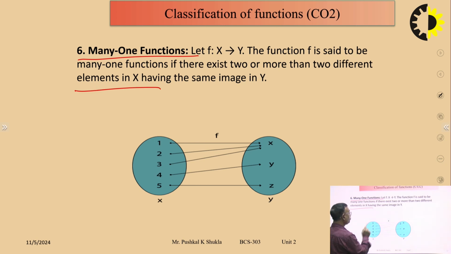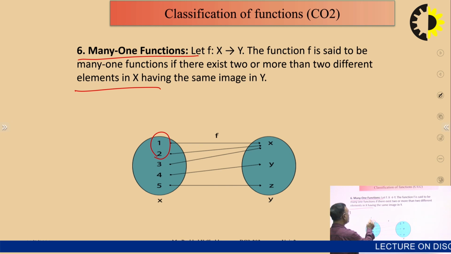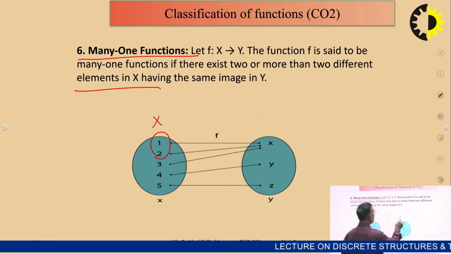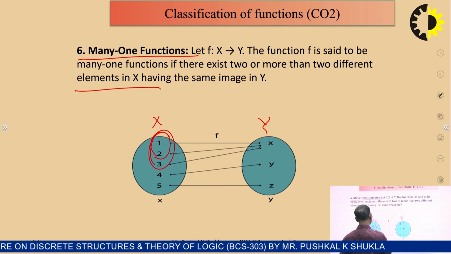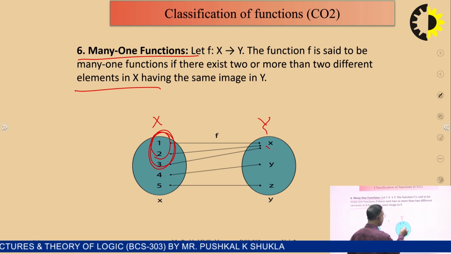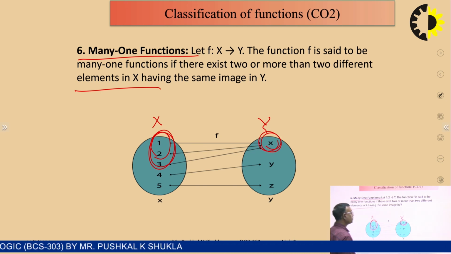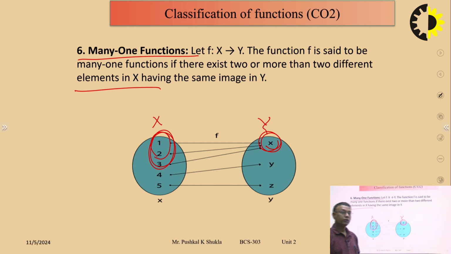Here, two elements of set x are associated with one element of set y, and three elements of set x are associated with one element of set y. So this is the case of a many-one function. It means the function f is many-one if there exist two or more different elements of x having the same image in y.